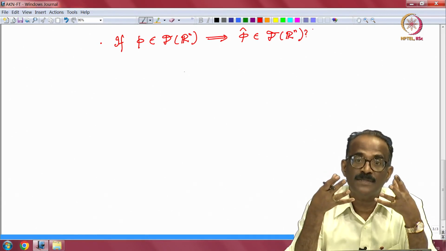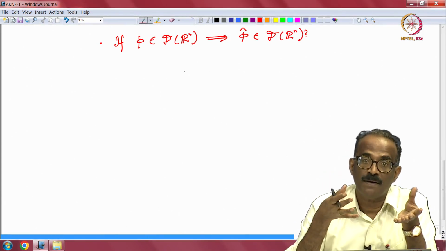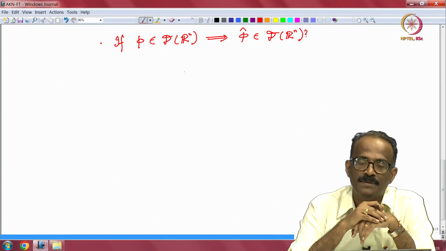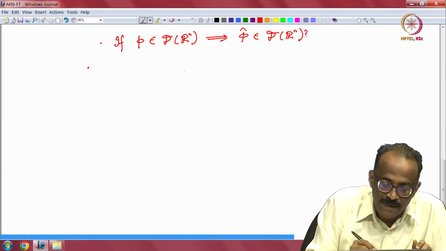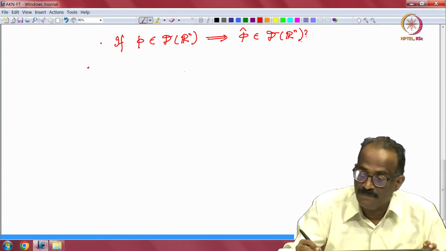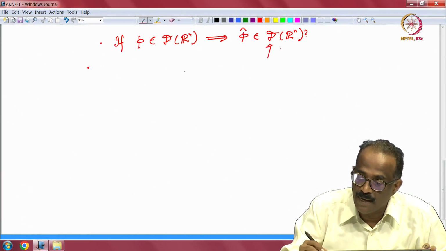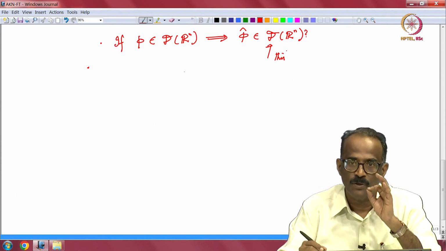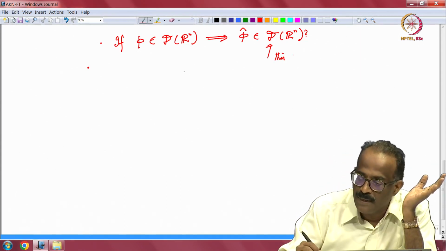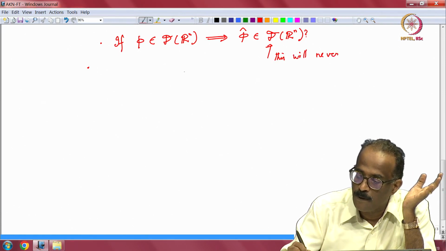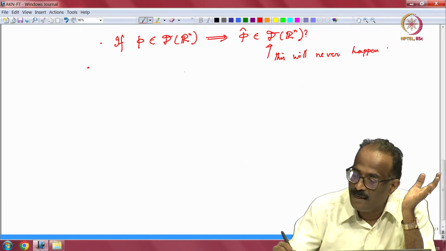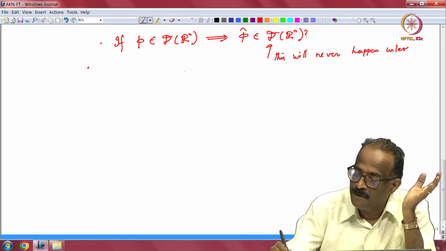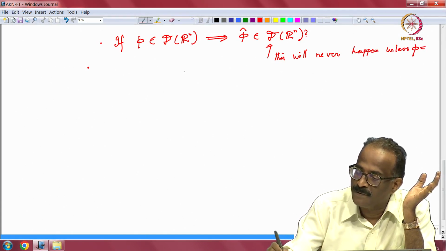At least for some class of functions of D of R^n, can φ hat be in it? But the answer is that it never happens, unless φ is identically 0.